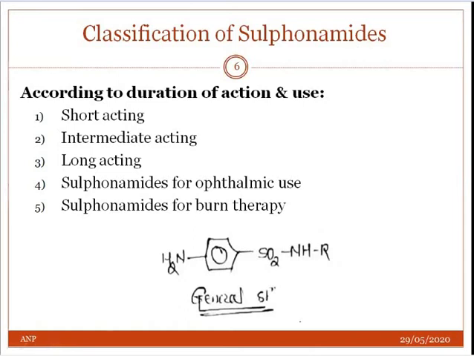Now, they are classified according to the duration of action and according to their use. Based on the duration of action, they are classified into three classes: short acting, intermediate acting, and long acting.